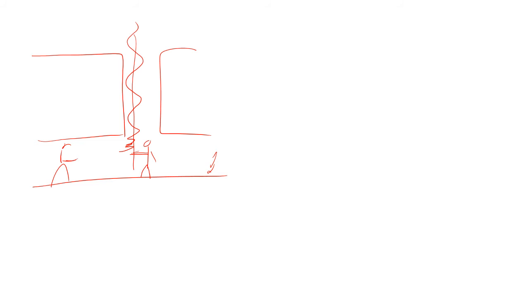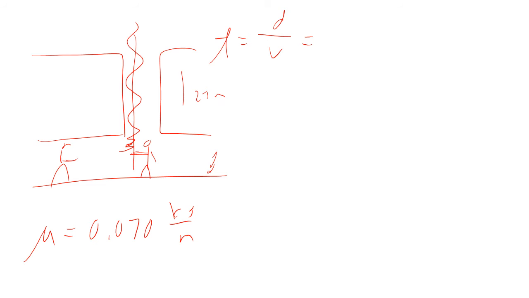Well, the time is still distance over speed. The distance is still 25 meters. Mu is the same. It's the same rope. So mu is 0.070 kilograms per meter. The difference is now the speed of the wave, the square root of F over mu; the tension's different.